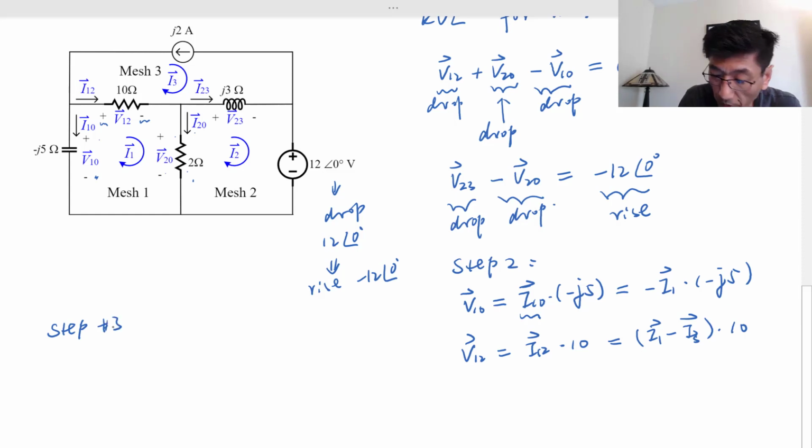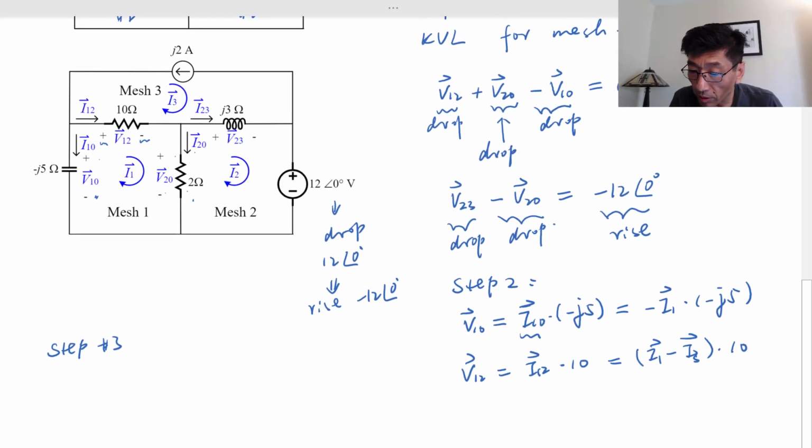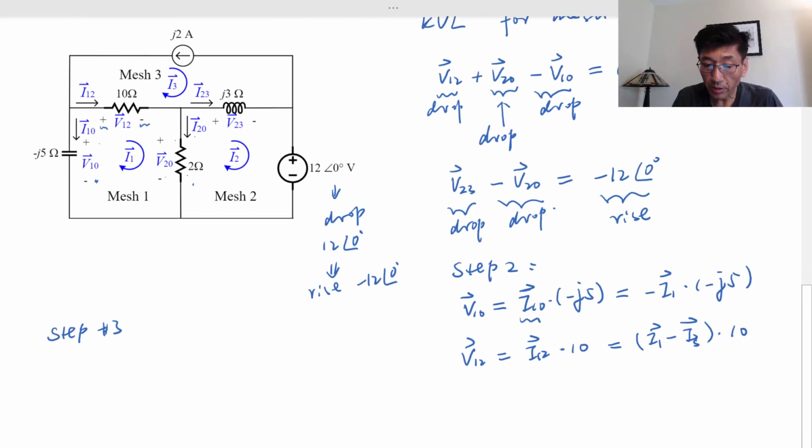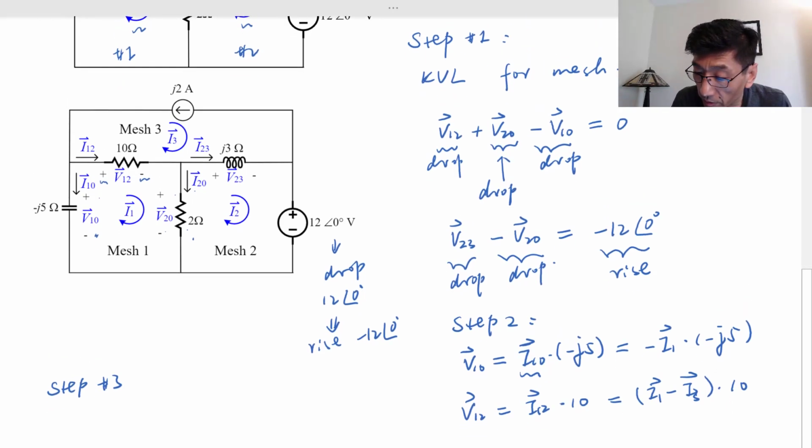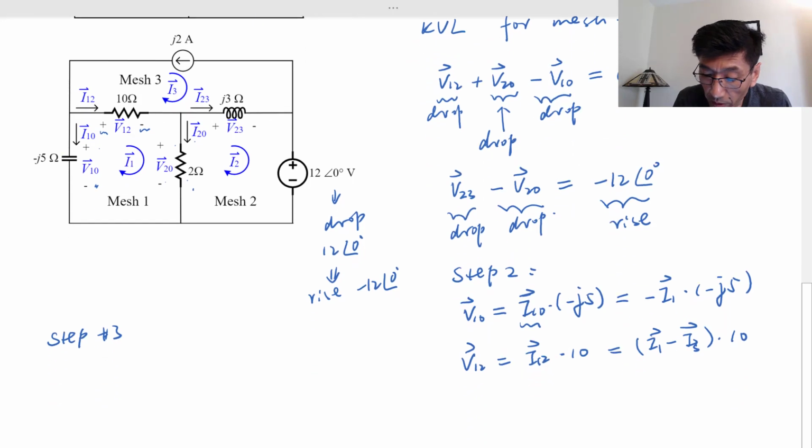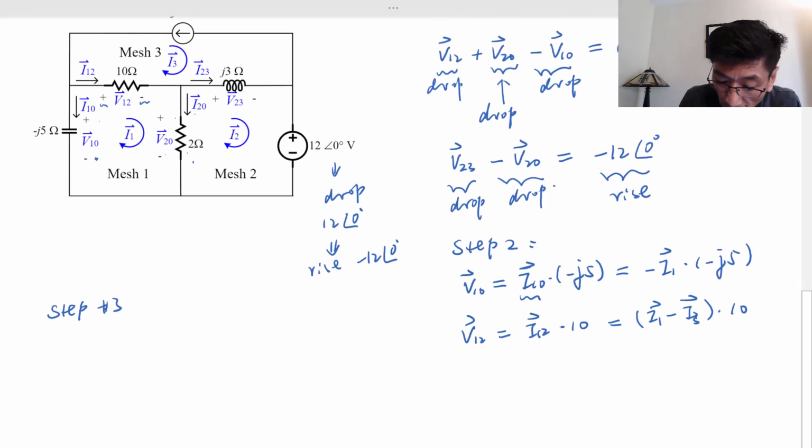Step number 3, the KVL equation. The first one, you have negative V sub 0. We start with V1, 2. V1, 2 is this one here, so you get I1 minus I2 times 10. So let me put 10 here. And then you have V20.